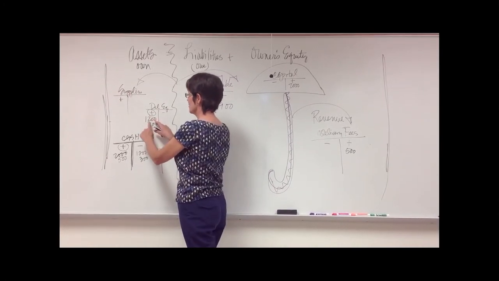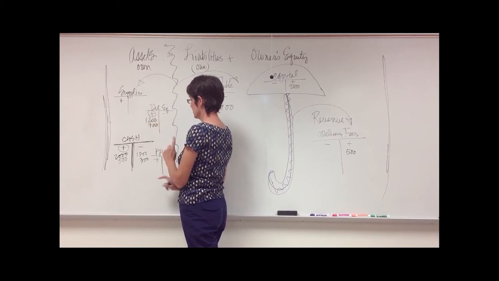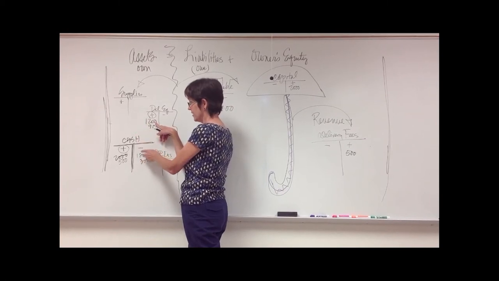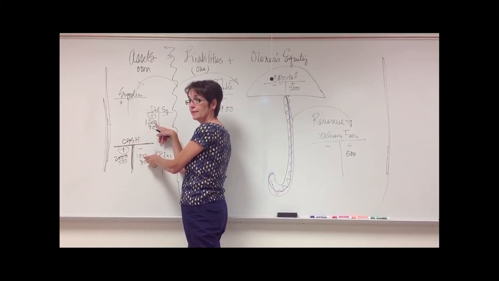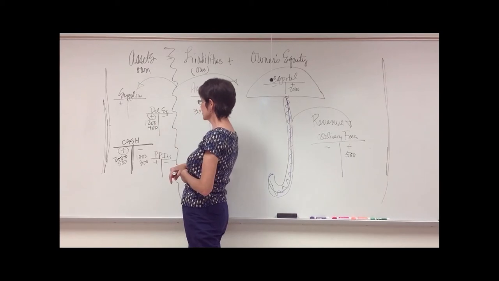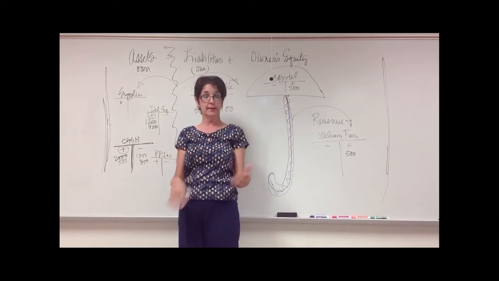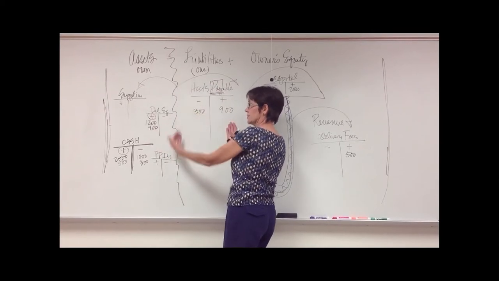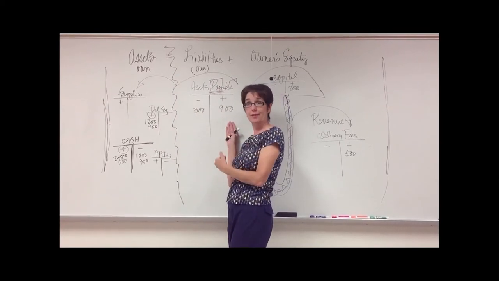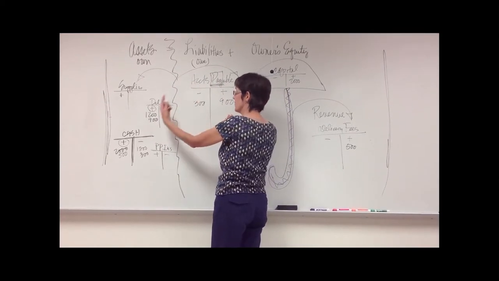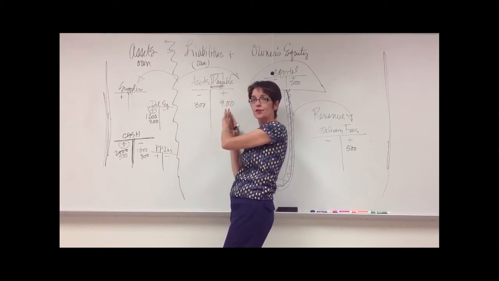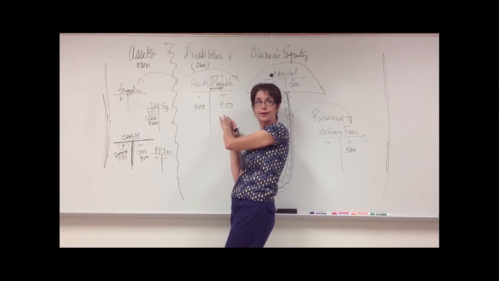I have $1,200 went up, and I have $1,200 went down. I also have a left, and I have a right. So now let's look at the next one. It was $900, correct? So I have $900 that went up, and on the other side of my equal another $900 that went up. So I'm in balance, but I also have a $900 on the left, and I have a $900 on the right. Are you with me?